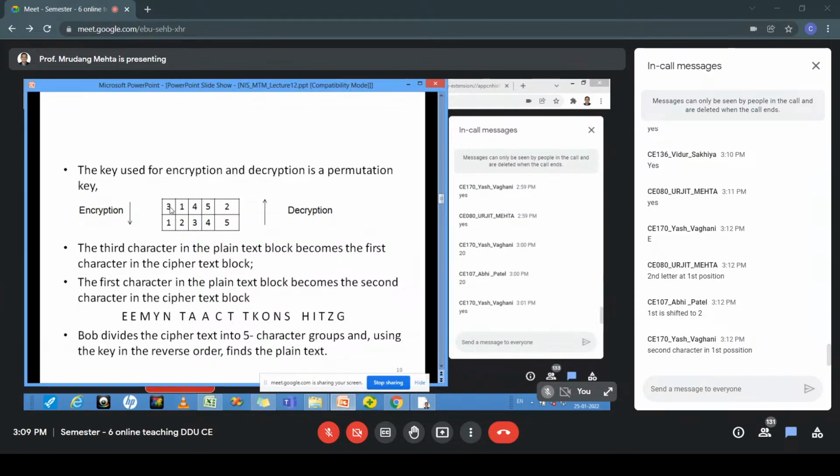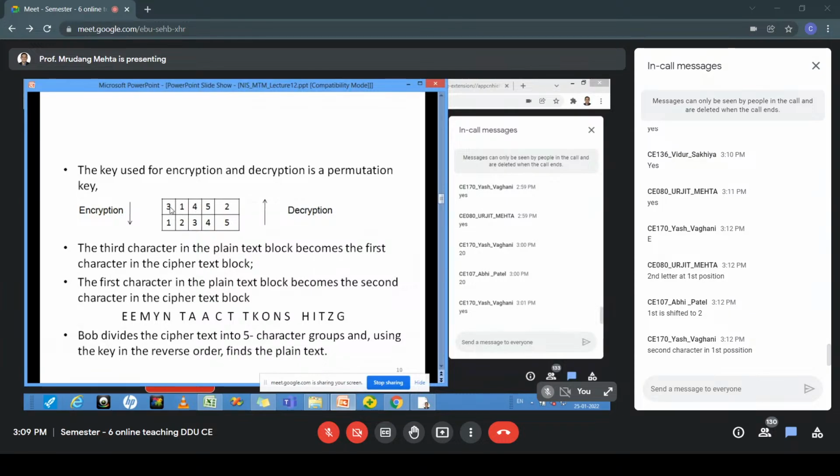But we have to recover this plain text. Second character is in first position. Second character in first position. Fifth character on second position. Fifth character is on second position. E-N. E. First character is on third position.